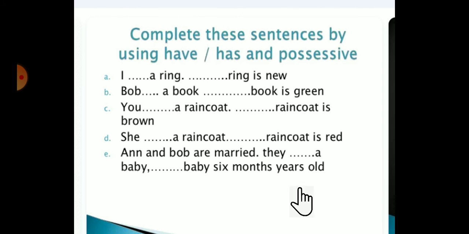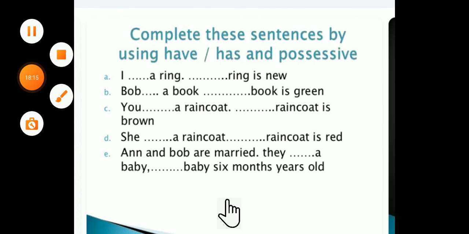So students, how we have used have and has and some singular possessive nouns and some plural possessive nouns here in these blanks. Understood? So student, do this. It is also homework for you. Listen to what I have said thoroughly and you will know the answers you have to put in the blanks. Understood? Okay, let's begin with another slide.